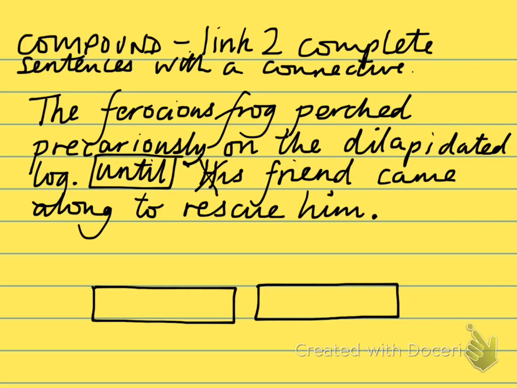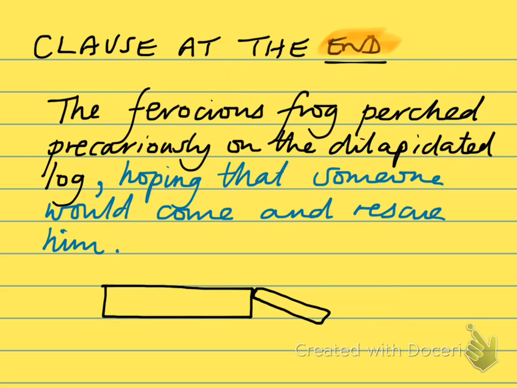We get rid of the capital H, put in a lowercase, get rid of the full stop as well. So we have a compound sentence. The ferocious frog perched precariously on the dilapidated log until his friend came along to rescue him. We've taken two sentences. Here's one, and there's the other. And we've literally stuck them together with glue as if they were bricks.